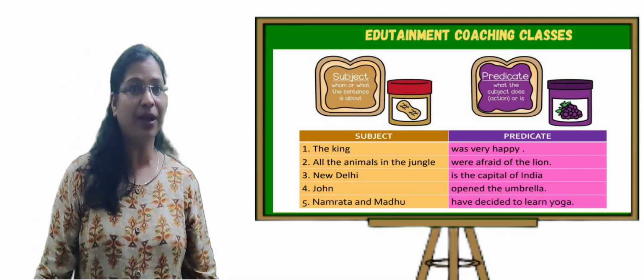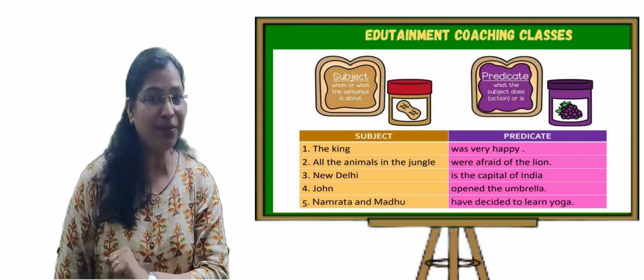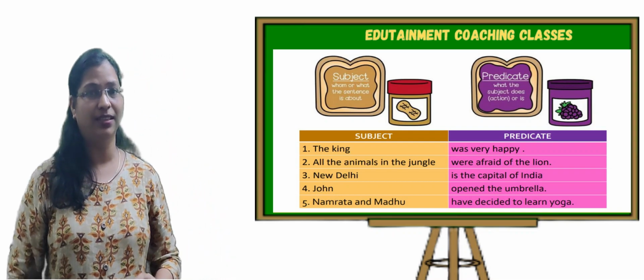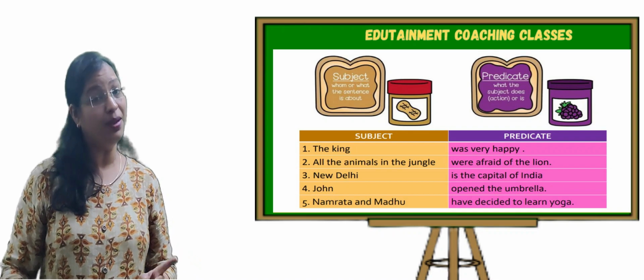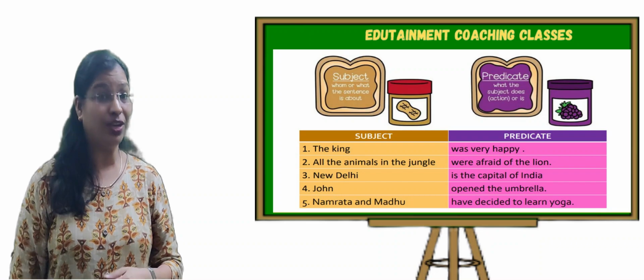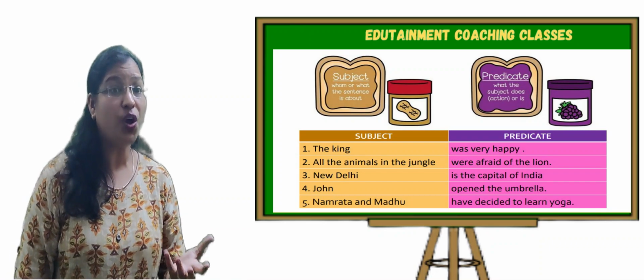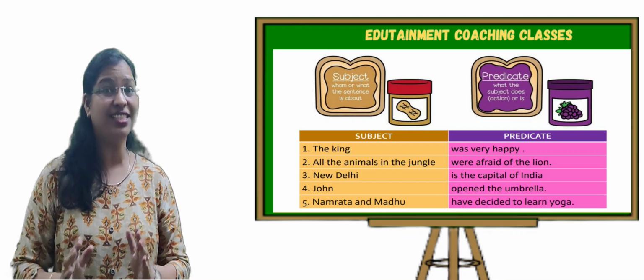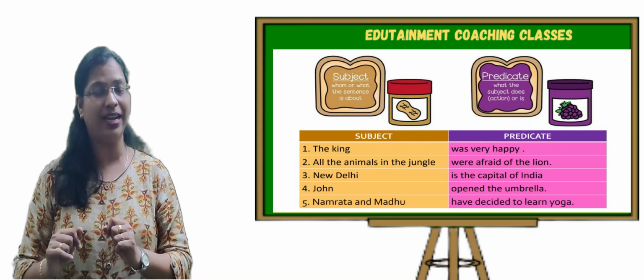John opened the umbrella. Who opened the umbrella? John. So here John is the subject. Opened the umbrella will be the predicate. And if you have to identify the predicate, you can ask, what did John do? Opened the umbrella. Yes, so you get the answer, opened the umbrella as the predicate.